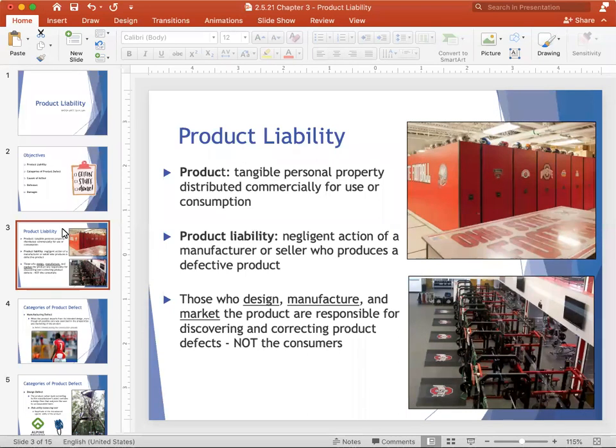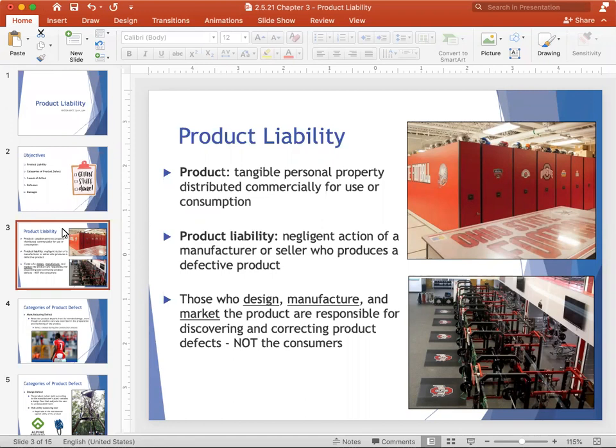It also may include big, large equipment that is used in sport training, such as fitness equipment, or equipment that's affixed to the infrastructure of a sport facility, such as a basketball hoop or an ice rink, could all fall under product liability.